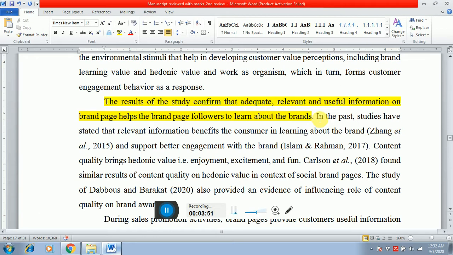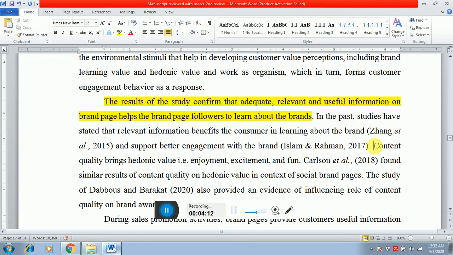This statement shows that in the past as well, relevant information benefits customers in learning the brand, and it was stated in the study of Zhang et al. And it supports better engagement with the brand, and this was stated in the study of Islam and Rahman.